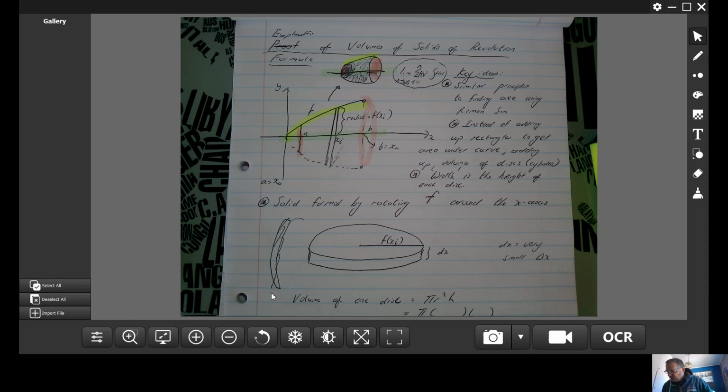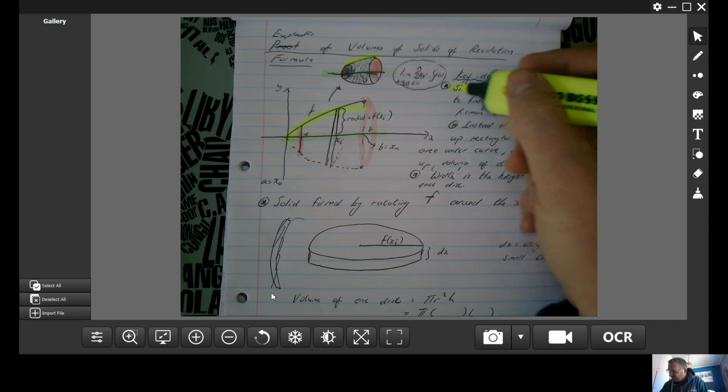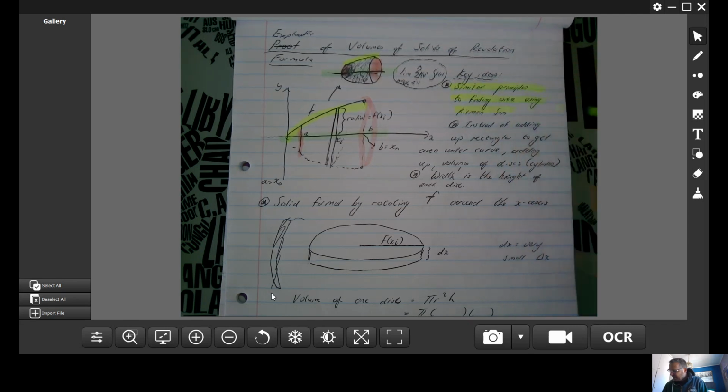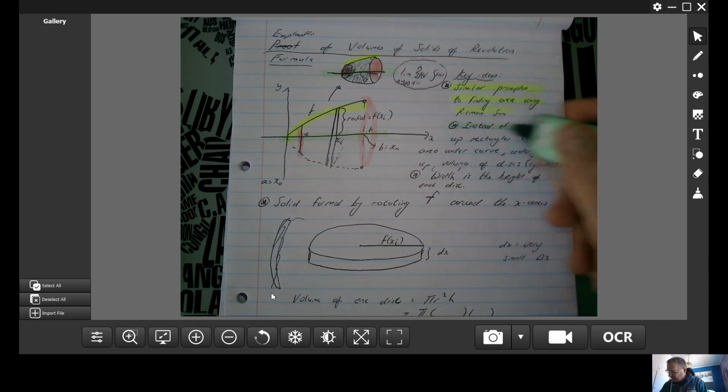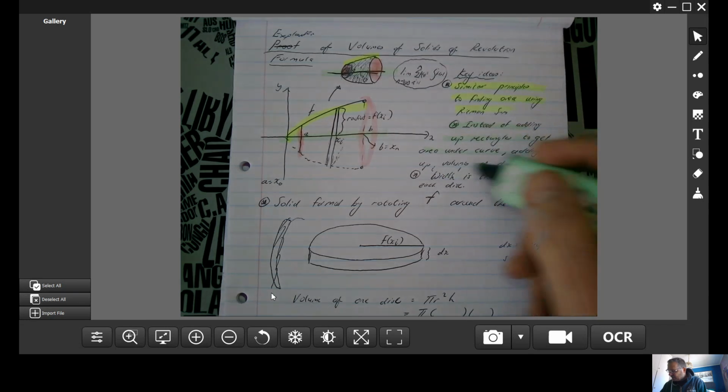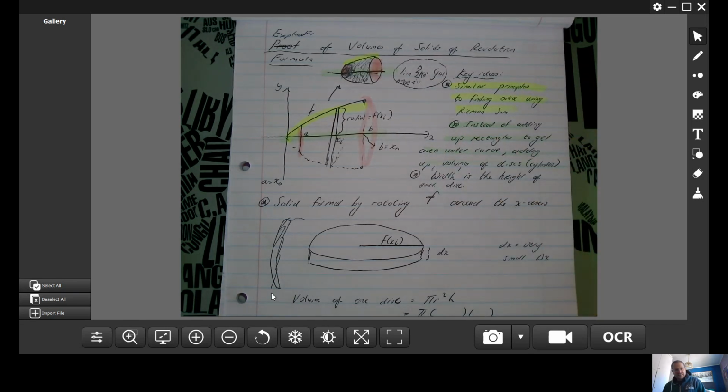So your key idea in the proof of this is that we're using similar principles to finding the area when we used the Riemann sum. With the Riemann sum, instead of adding up rectangles to get the area under the curve, we're adding up volumes of little tiny individual disks.